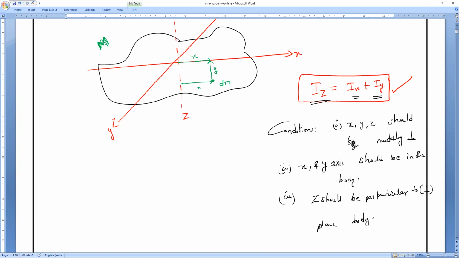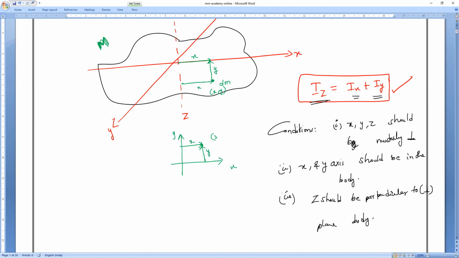Now I want to find it. Imagine this is the xy plane, and the object is in the xy plane, like in the video I have shown you. The object is somewhere here, at some y distance. Be very careful, this is the y-axis and this is the x-axis. Is it okay?